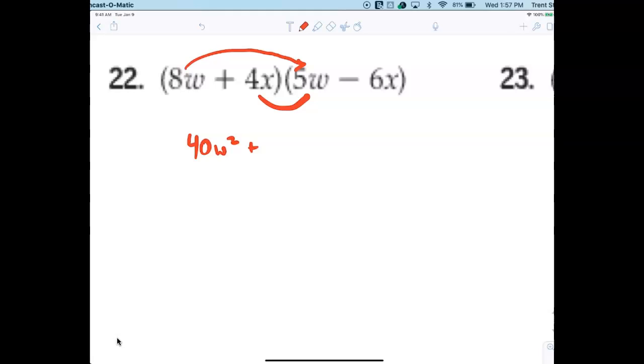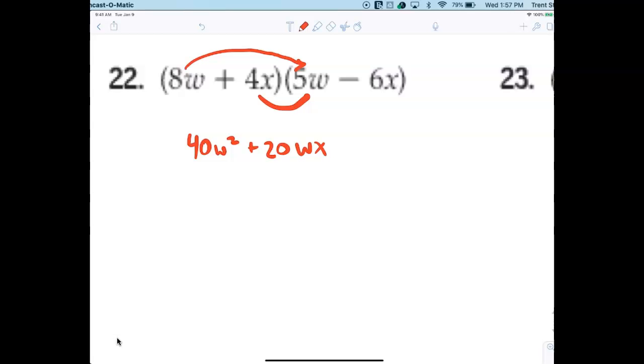I would probably do 20 WX, since alphabetically W comes before X. Of course, it doesn't matter. You multiply numbers, right? You can't add unless they're the same. Multiplying is okay.